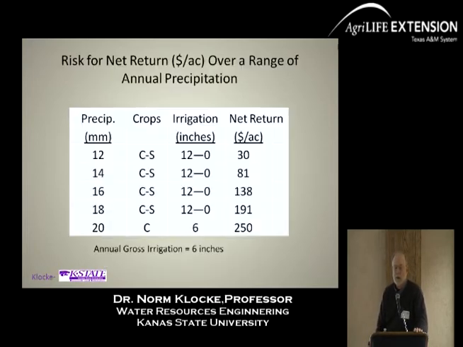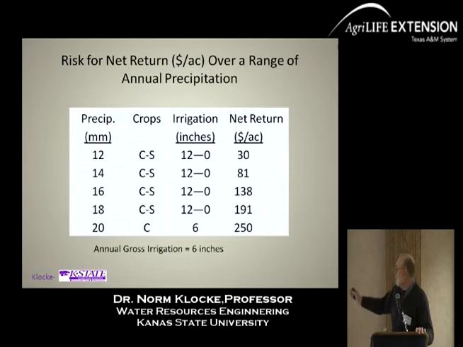So another thing we can do, we talked about the risk before. In this case, we have 6 inches of irrigation water, back to that 6 inches, and we have this range of precipitations. A very dramatic net return situation.